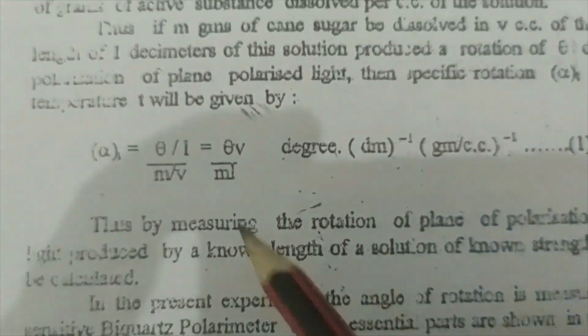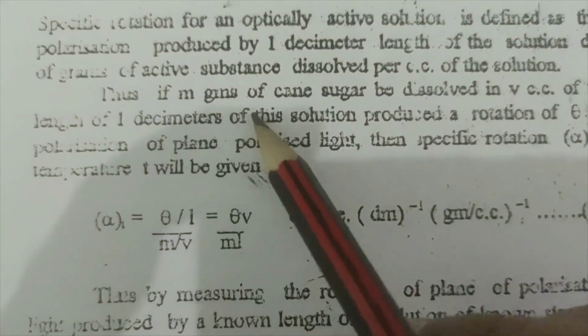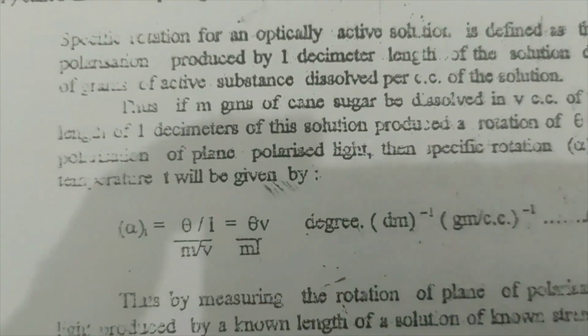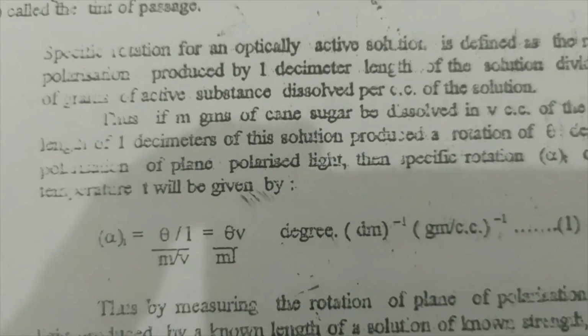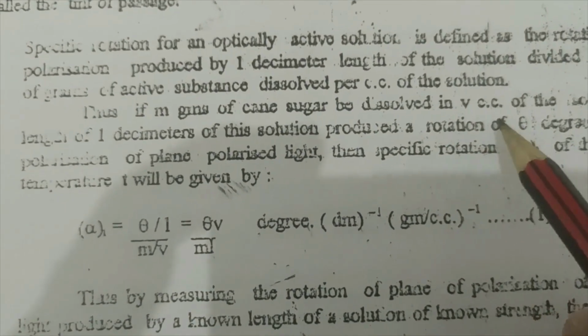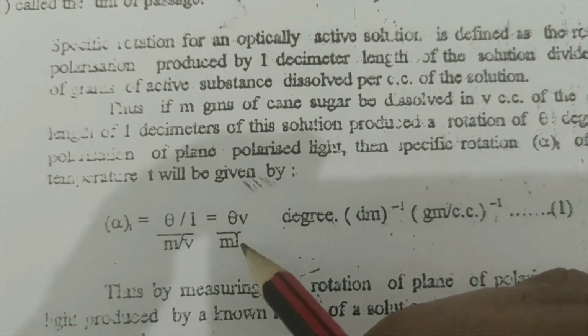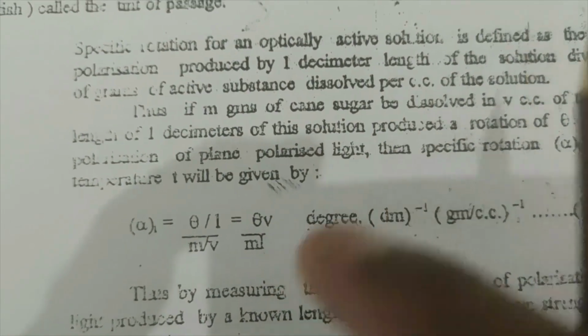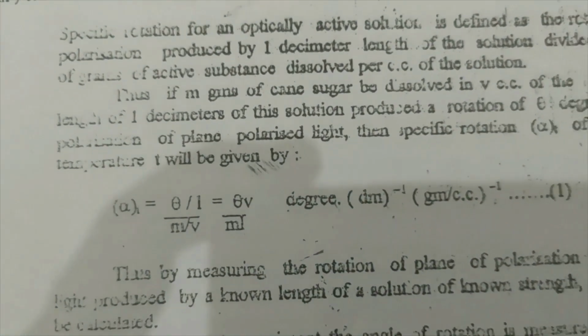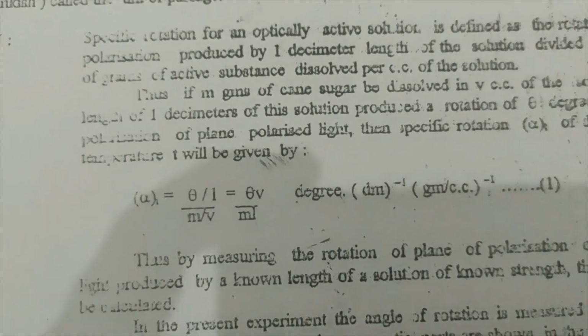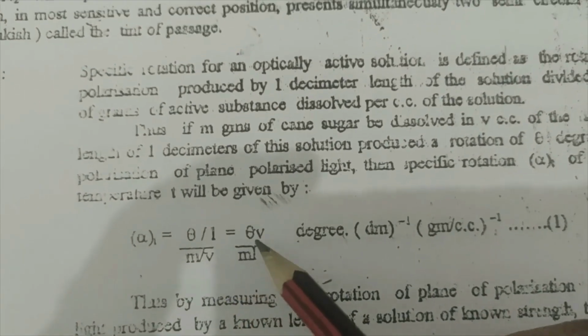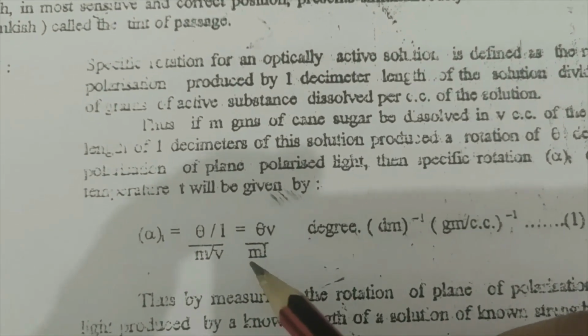So basically M is the mass of the cane sugar which we are going to dissolve in water of a certain volume, and L will be the length of the tube which I have shown you, in which we will fill the water or the cane sugar solution. This M will be fixed.